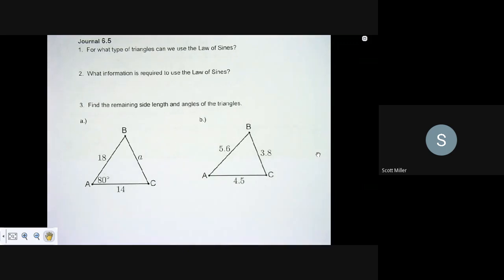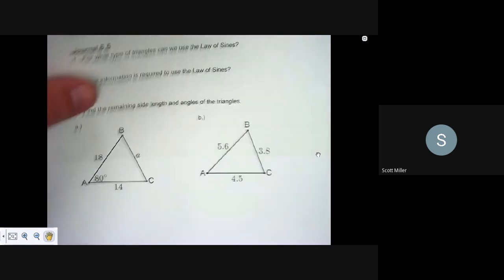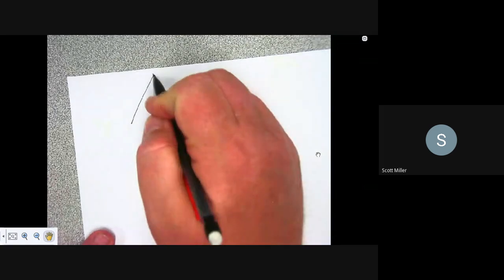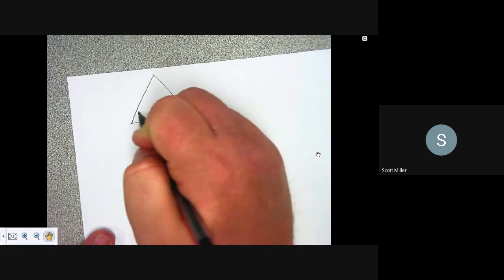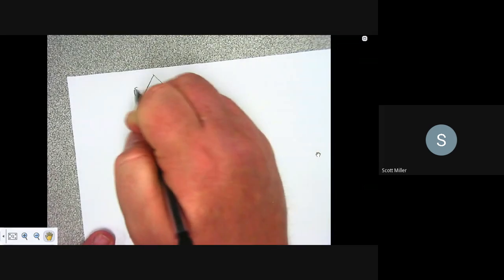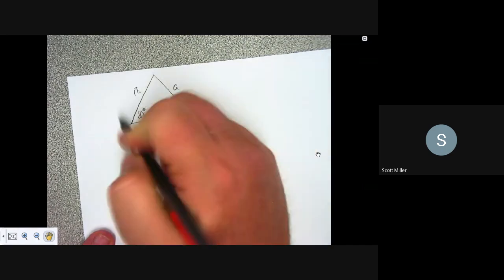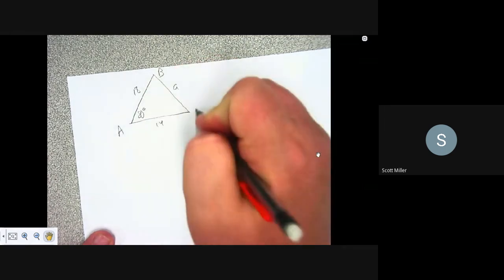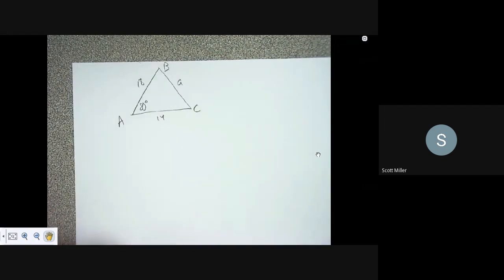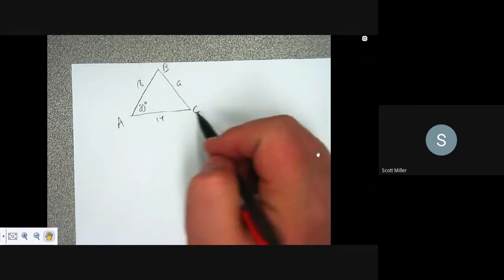Okay, and I'll show you how to go through that. And so here we go. Let's take, and I'll do a real quick drawing of it again, so I can reference it. This is 80 degrees. This is 18, 14, and these are A, B, and C. So I have to find side A, and I have to find angles B and C.